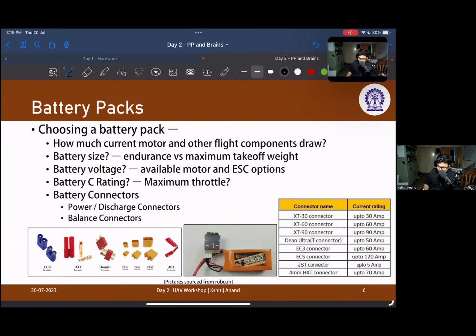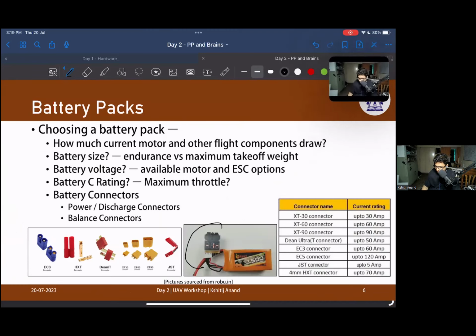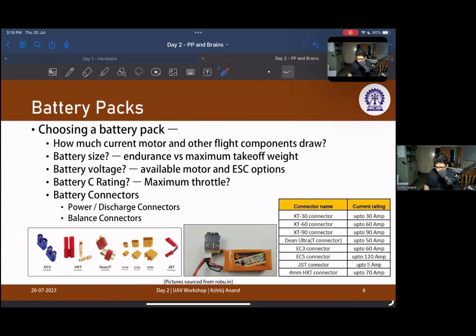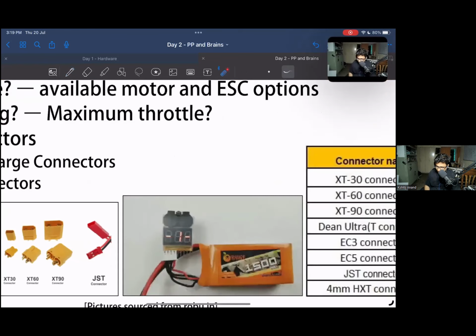If you look here, there is this device, which has basically 3 digits, and this is connected to a 3 cell battery. This is called a balance detector, or a voltage balance detector.